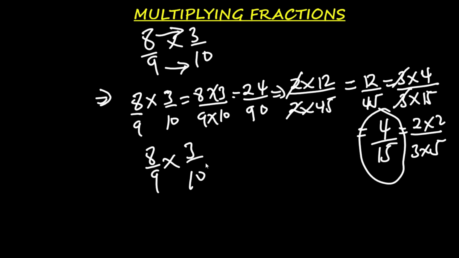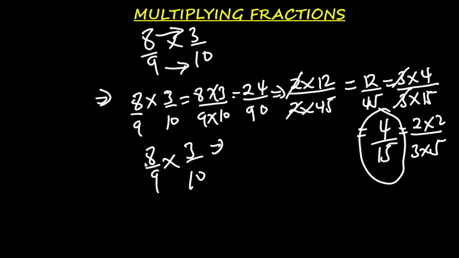We just look through the denominators and the numerators, and ask ourselves which number in the denominator can cross out a number in the numerator. 9 is a multiple of 3, which means 3 and 9 can cross out. Now this is how we can do it.